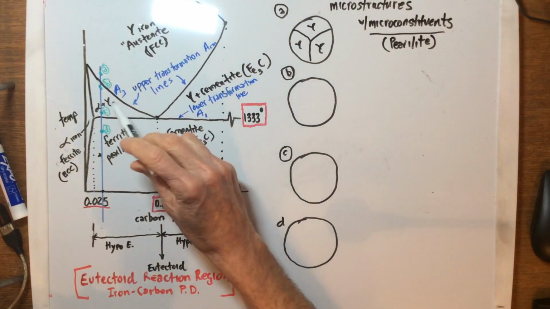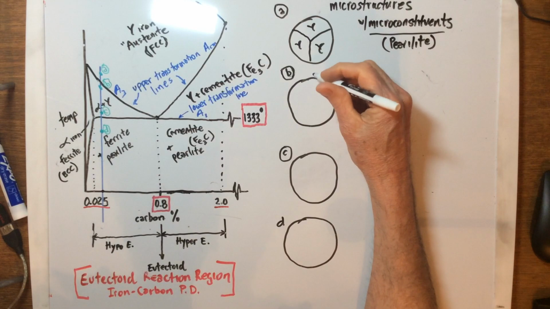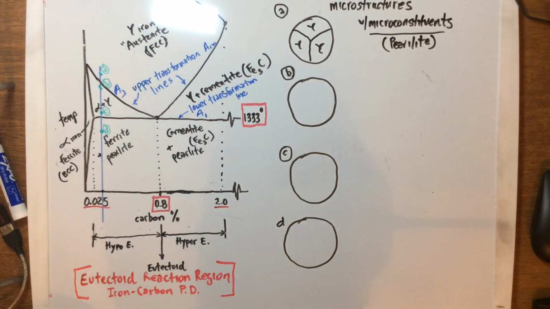So that's what we're going to be denoting, these phase transformations based upon a change in temperature. All right, so if we're just below this upper transformation line right here, we're going to begin to have some of that change taking place, and the first grains of ferrite begin to form here.